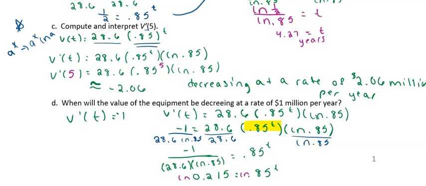Once we take the natural log of both sides, I'm running out of room. I'm going to continue over here. Once we take the natural log of both sides, we'll be left with the natural log of 0.215 is equal to t times the natural log of 0.85. Divide both sides by your natural log of 0.85.